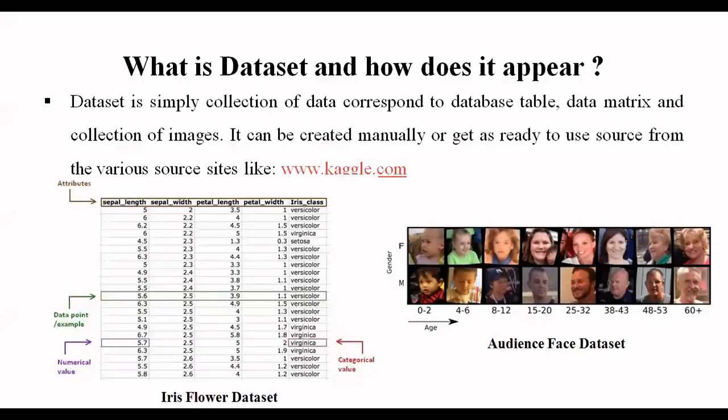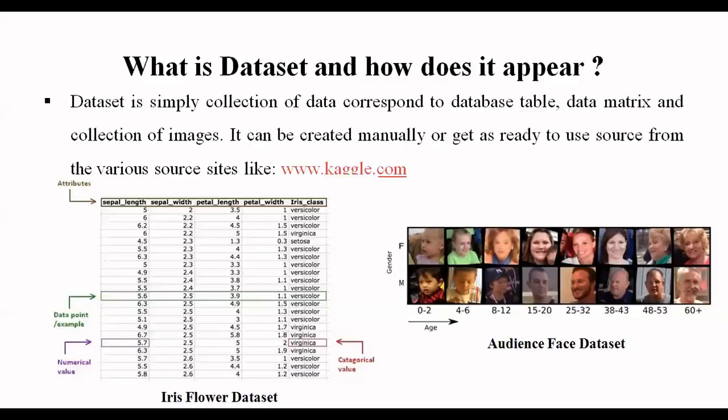It can be created manually or obtained from various sites like kaggle.com, a website where you can get a database or data set for a lot of real-time machine learning problems.